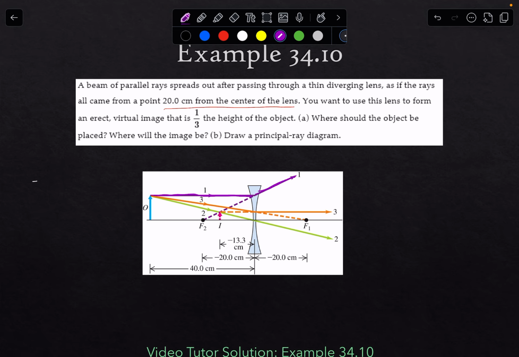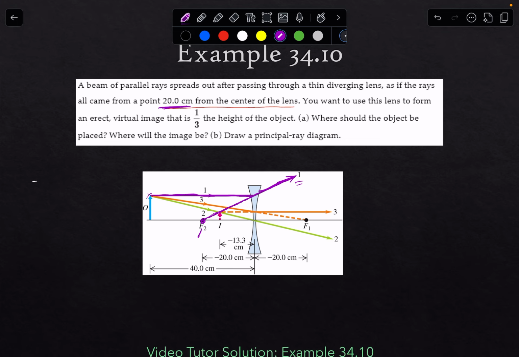And this divergence angle is the angle that would be made if that light came from the focal point. So this 20 centimeters here is going to be F2. So sentence number 1 is describing principal ray number 1, which tells you the focal point of this lens.